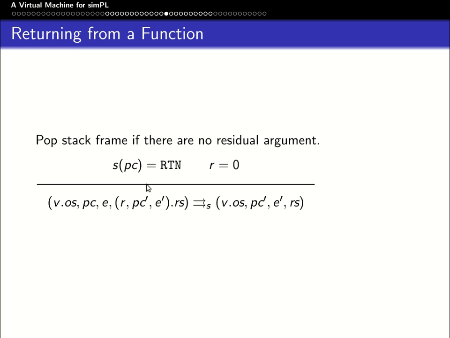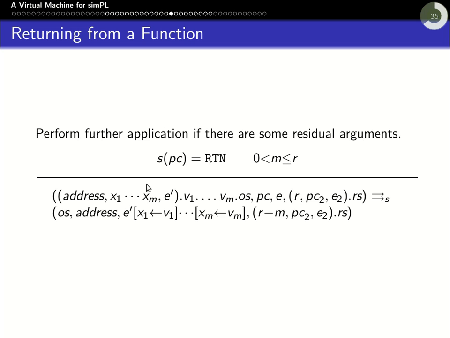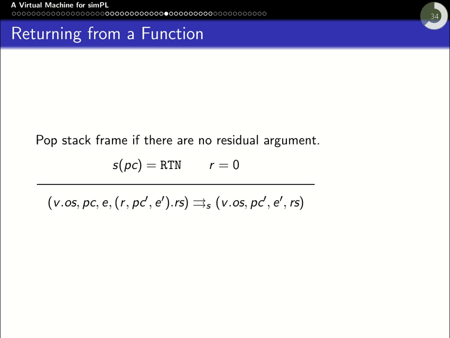But upon encountering the return, we have to go back to where we were called from and restore the environment. So let's see what happens. At the point of seeing the return instruction, the runtime stack must have a stack frame at the top, because in order to encounter a return, we must have encountered a call.